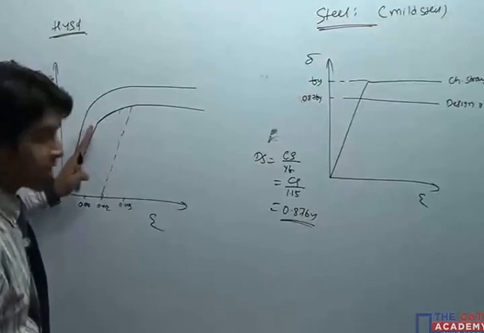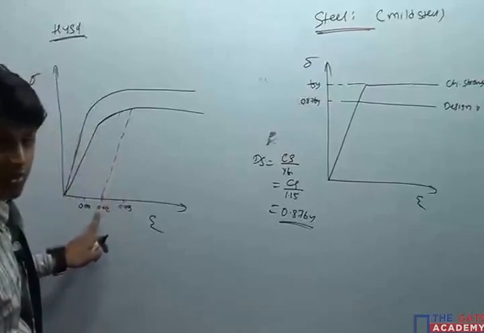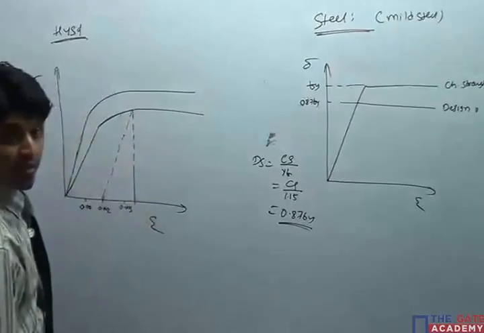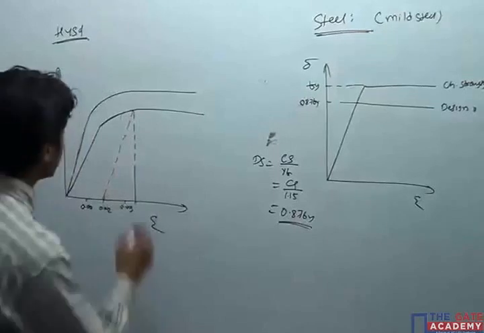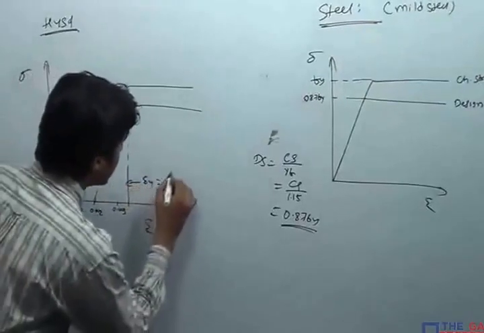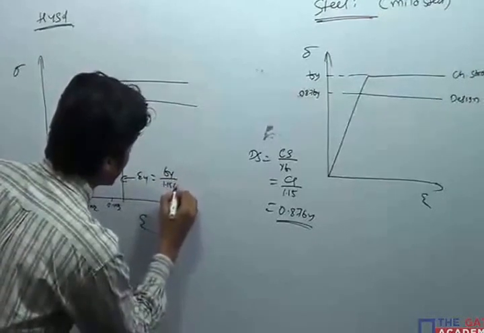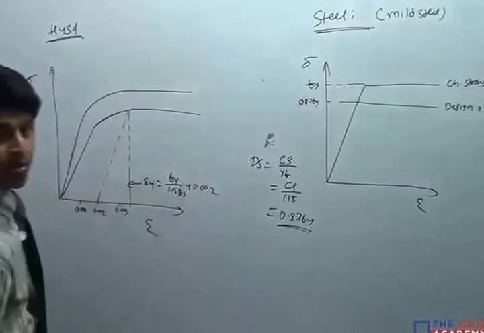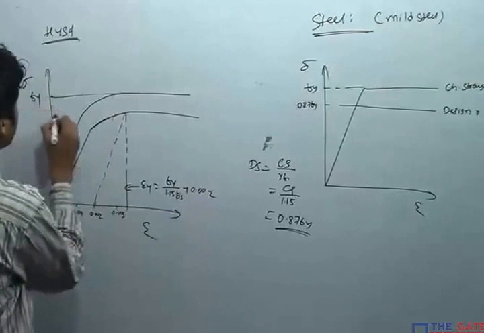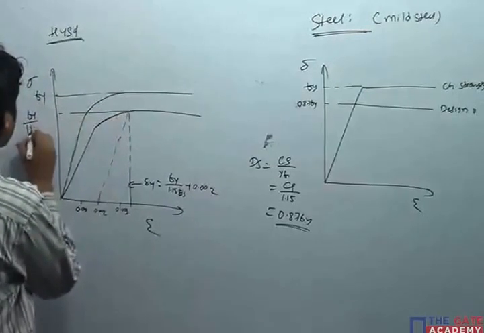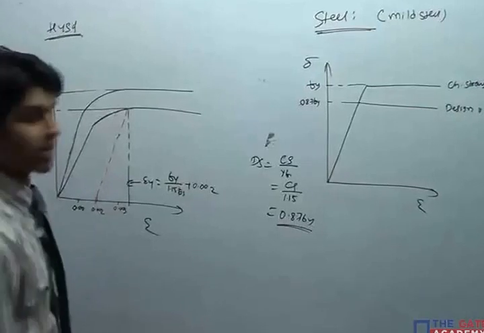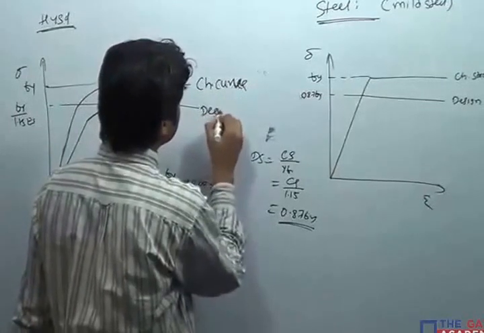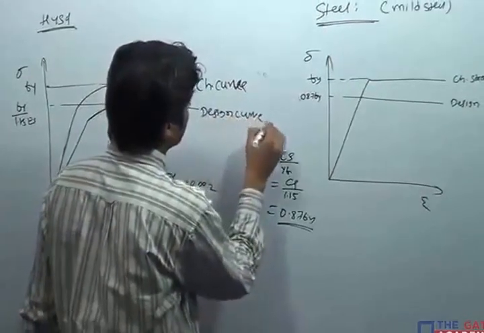Wherever it meets the curve, from there you erect a perpendicular. The strain here is given by Fy divided by 1.15 Es plus 0.002. So this is again Fy and this is Fy divided by 1.15 Es. This is the characteristic curve and this is the design strength curve or design curve.